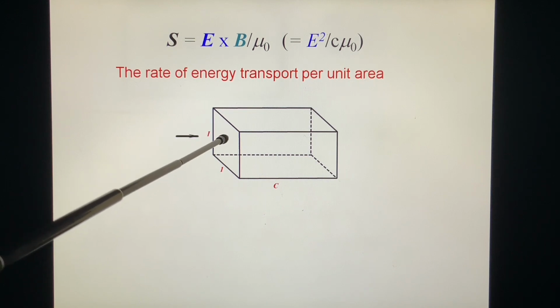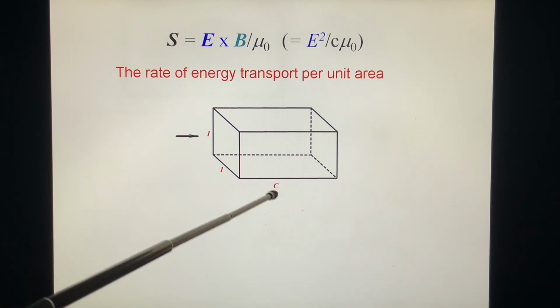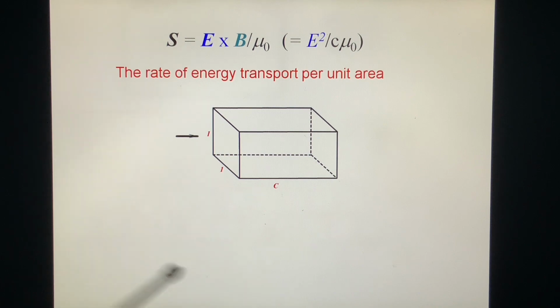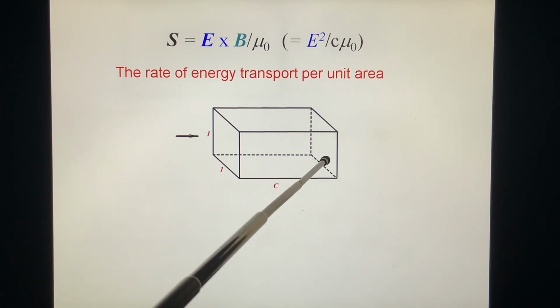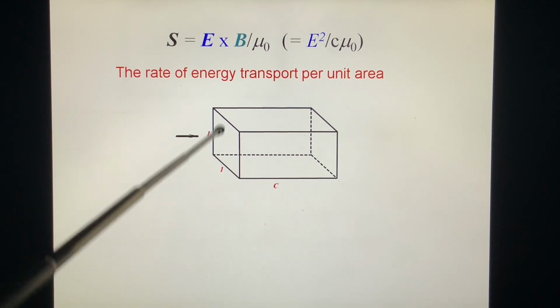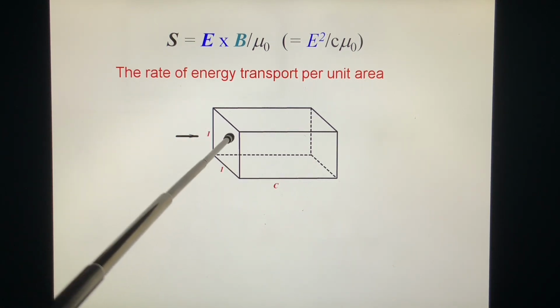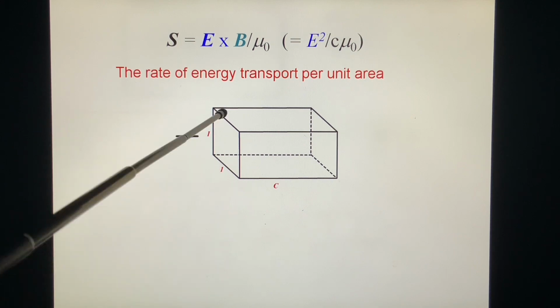This is a square with unit area 1, and this length is c. So in 1 second, through 1 unit area, the energy goes in. So the energy stored in this volume is actually the energy per unit time per unit area.